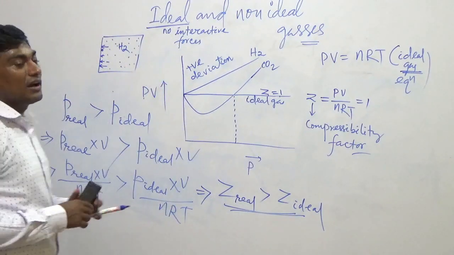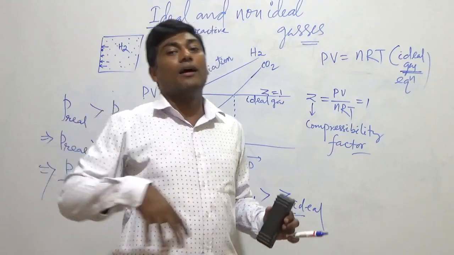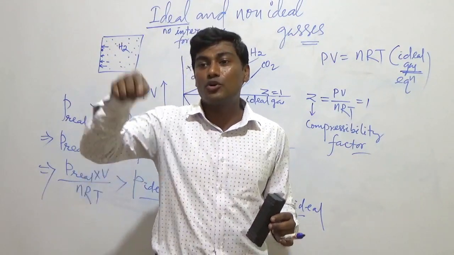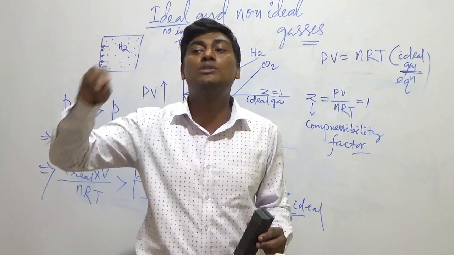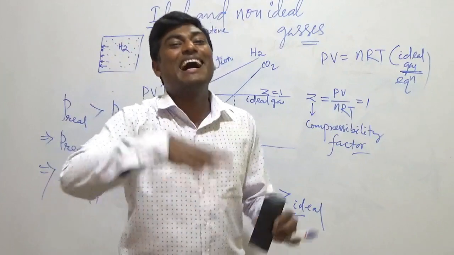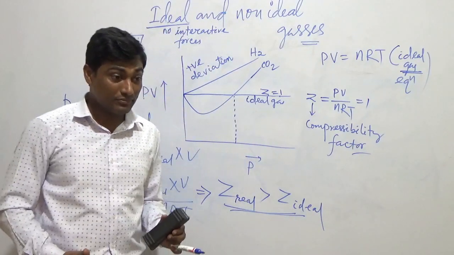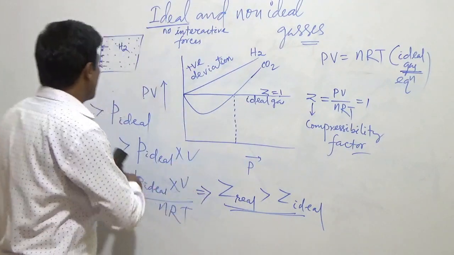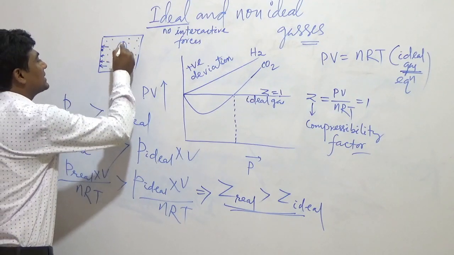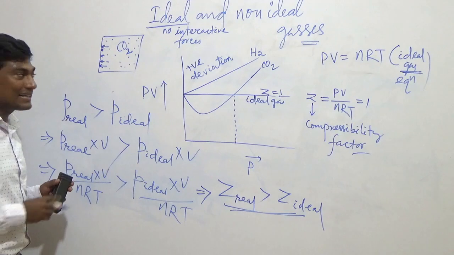As we just wrote for the hydrogen gas, due to repulsive force, the force with which hydrogen molecules strike is greater than the force with which the ideal gas strikes. Now due to attractive force, this is carbon dioxide gas.